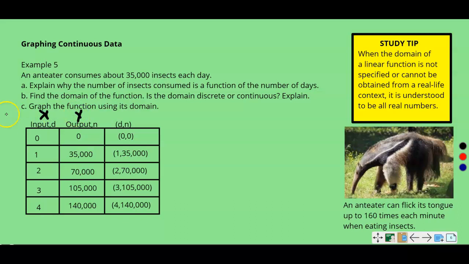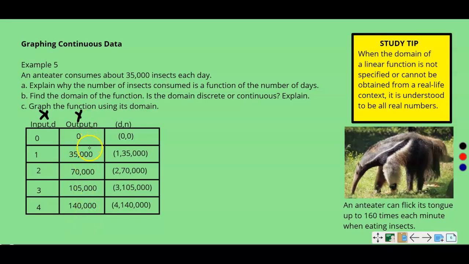So if you think about what that means, our horizontal axis is going to be the number of days. So we can go by a scale of 1, and that will work perfectly fine. Our y values, or our vertical axis, if we go by intervals of 1, then we would never get to these numbers to even have this on the graph. So we're going to have to choose a scale that would include all of these values.